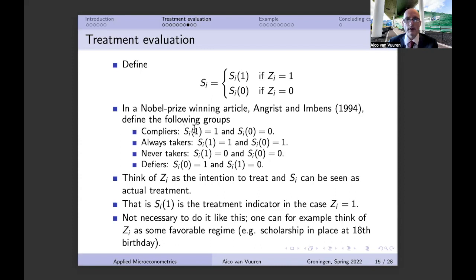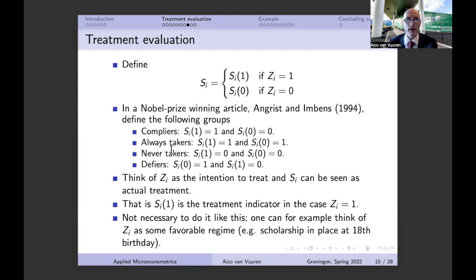These are individuals that will be treated at the moment that their Z is equal to 1, and they will decide not to be treated at the moment that Zi is equal to 0. So for these individuals, whether they're treated or not depends on the outcome of Z.